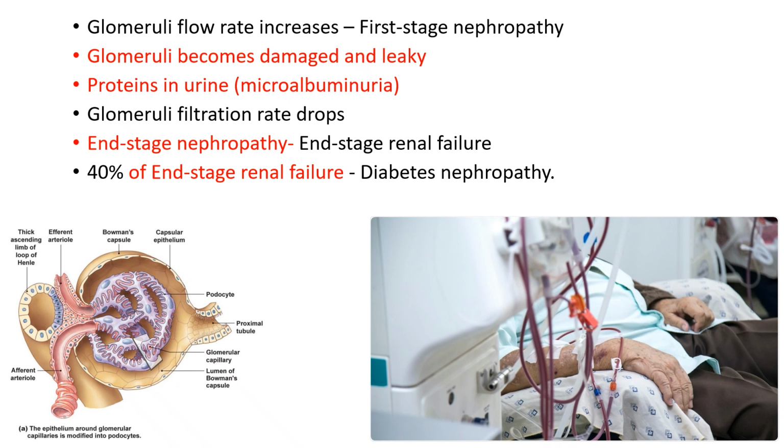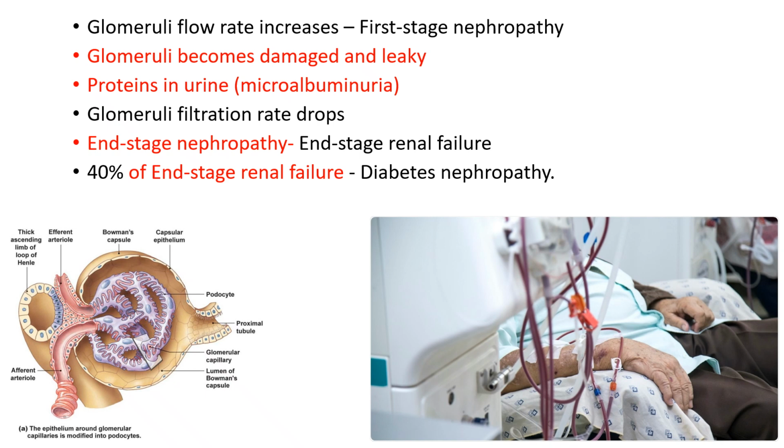So the damage to those cells, the podocyte, initially is going to cause what is called first phase nephropathy. First stage nephropathy is going to be when the glomerular filtration rate is going to increase.